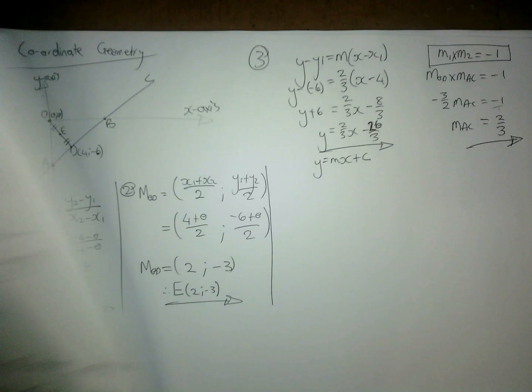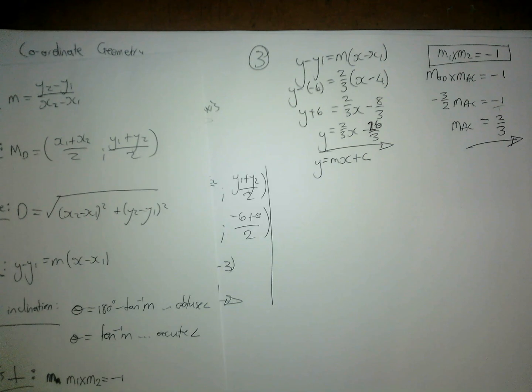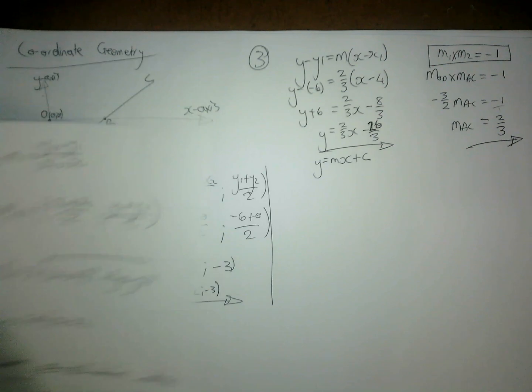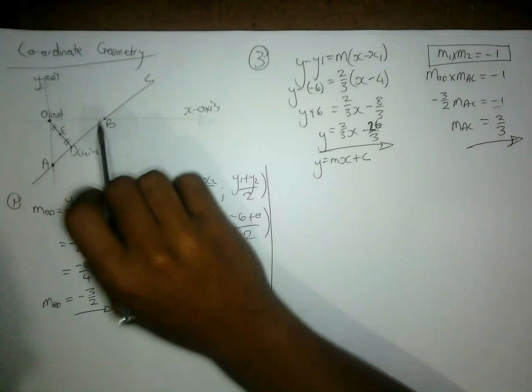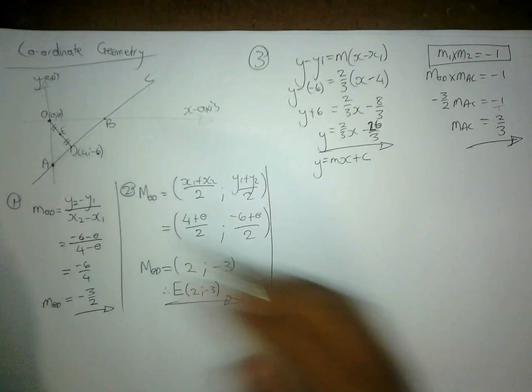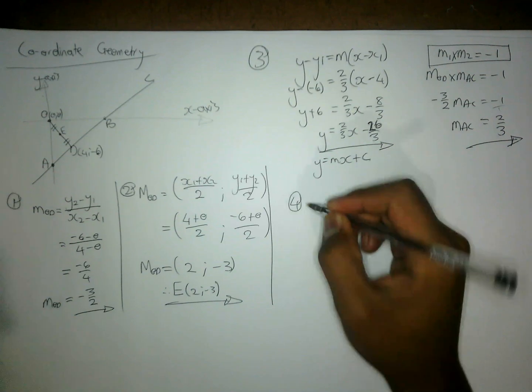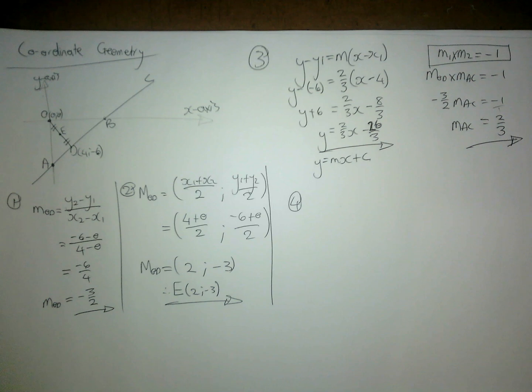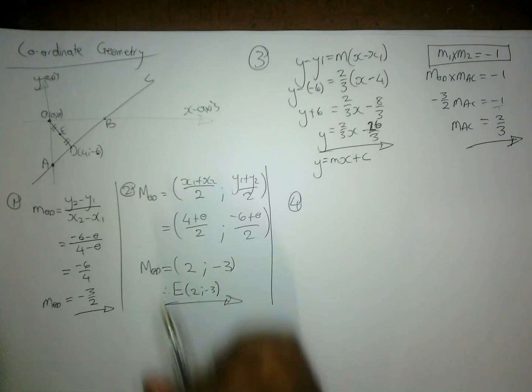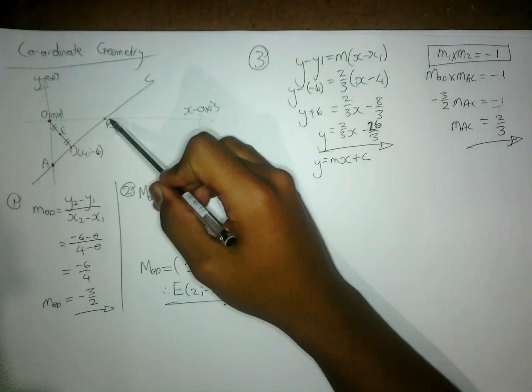Okay. The next one is saying the coordinates of point B. The coordinate of point B. So for the coordinate of point B, our y value here we know is a 0, right?